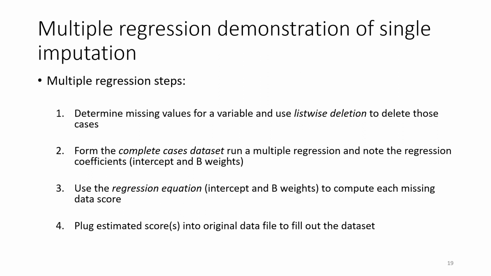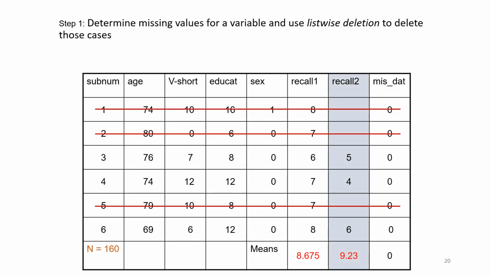So step one is on the next slide. In step one, I'm going to create a complete cases data set by removing the 3 cases that have missing data for recall 2, recall at time 2.